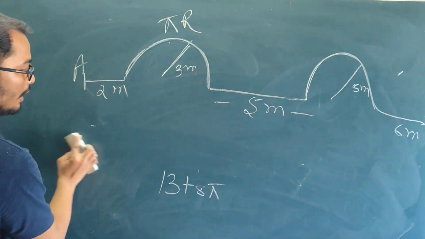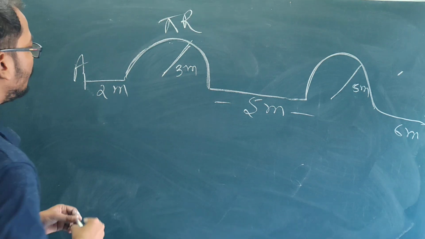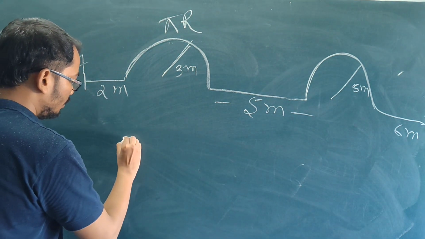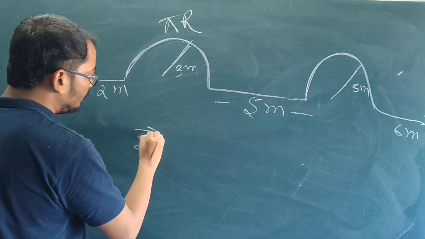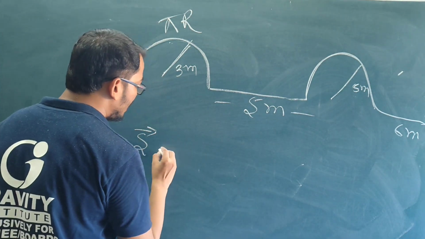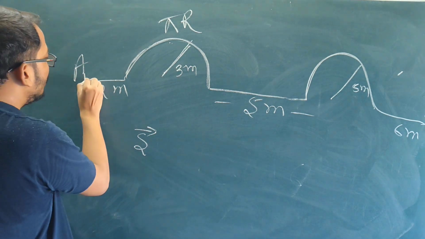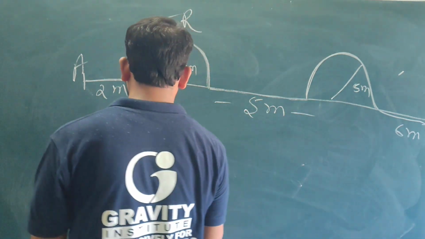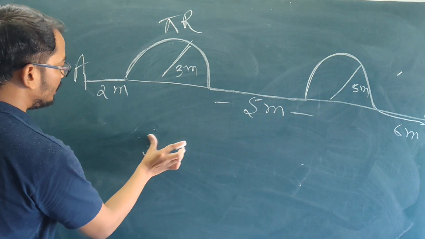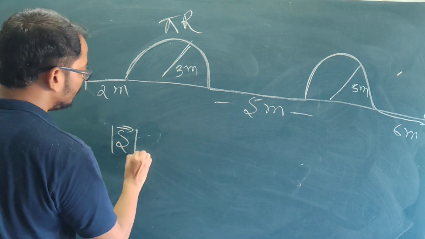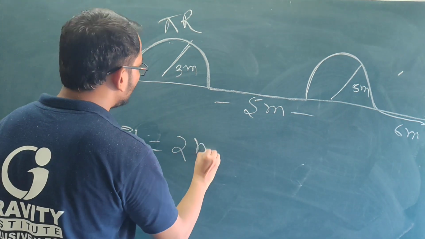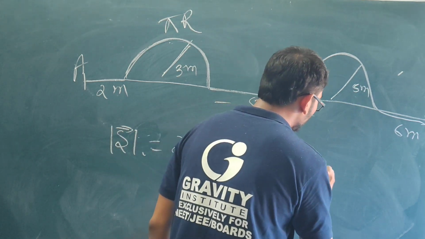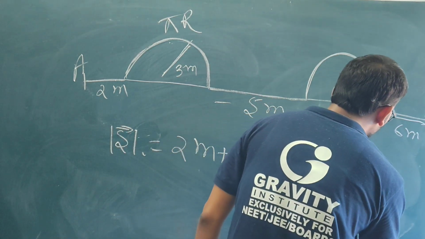So if we talk about displacement, what will be the displacement? We draw a straight line from the initial position to the final position. So we have to go like this. The magnitude of displacement is here 2 meter plus here 6 meter, here 5 meter plus here 10 meter.